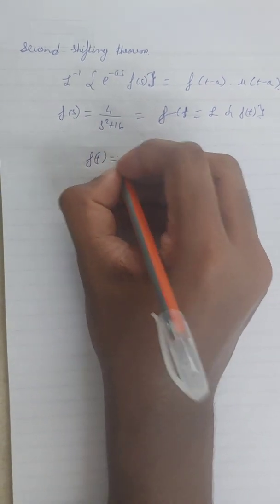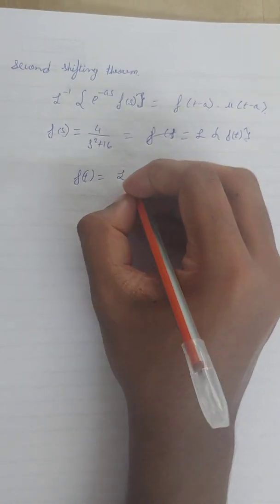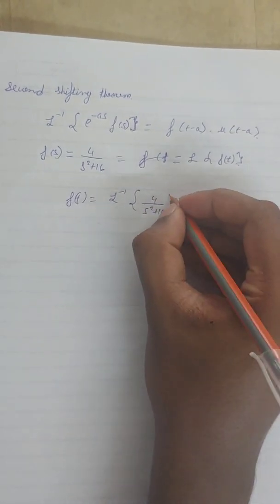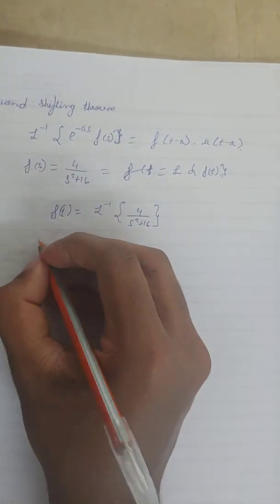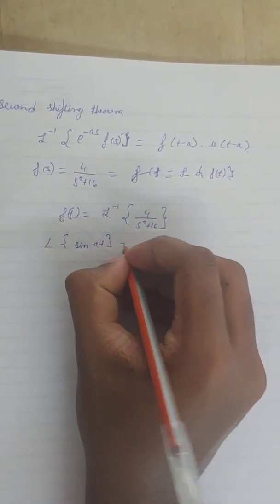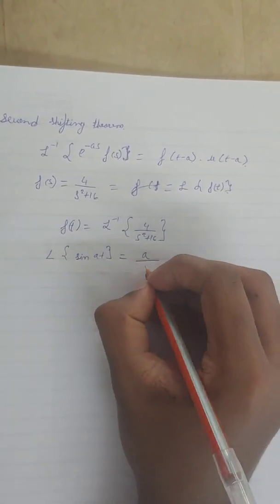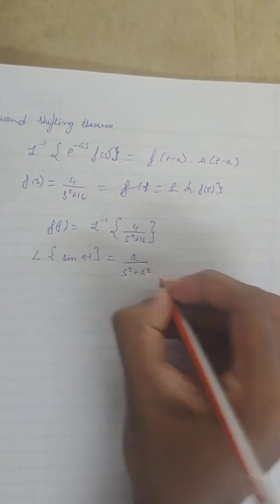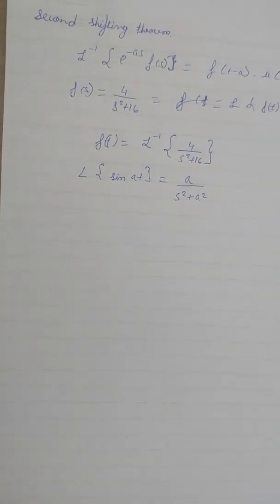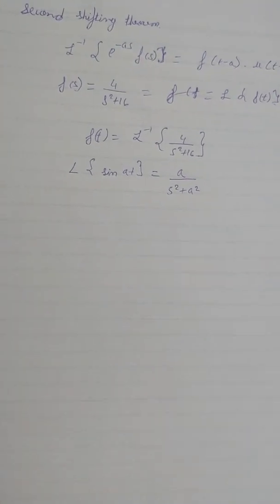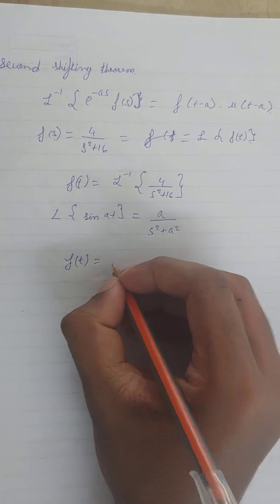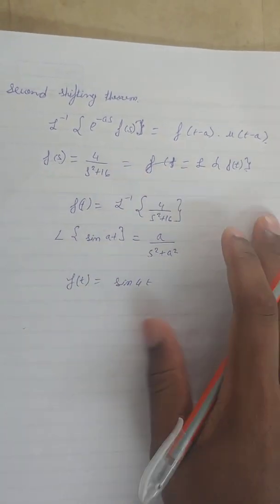So f of t becomes Laplace inverse of 4 by s square plus 16, and also Laplace of sine at is equal to a by s square plus a square. So for sine 4t it would be 4 by s square plus 16. So by comparing we would get f of t as sine 4t.